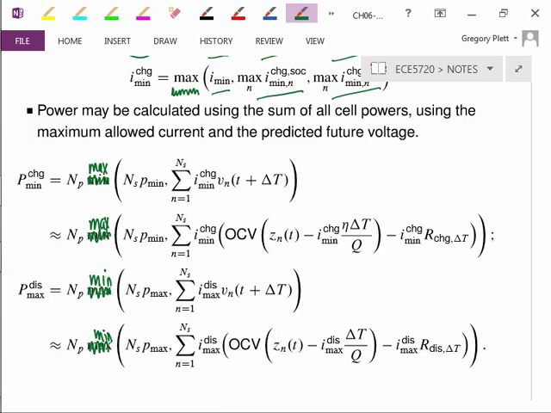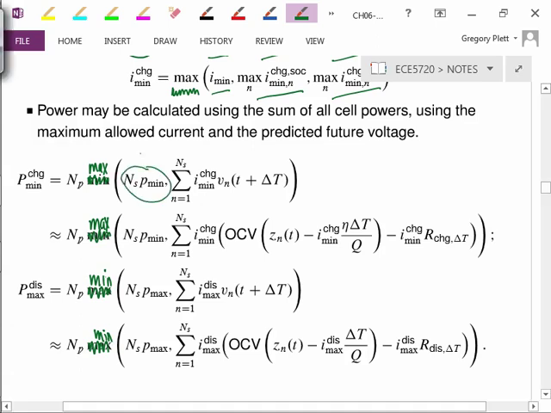Looking at charge power, which is a negative number, we want to take the number of cells in parallel and multiply by the maximum of whatever is left. Remember, that's going to be the minimum in an unsigned sense. And what's left is the number of cells in series times the maximum absolute, or the p-min of a particular cell, and the summation of the powers from all of the cells.